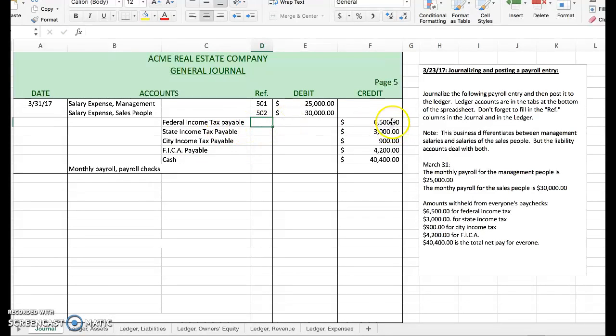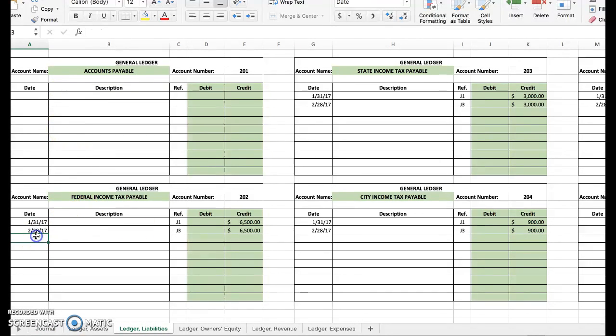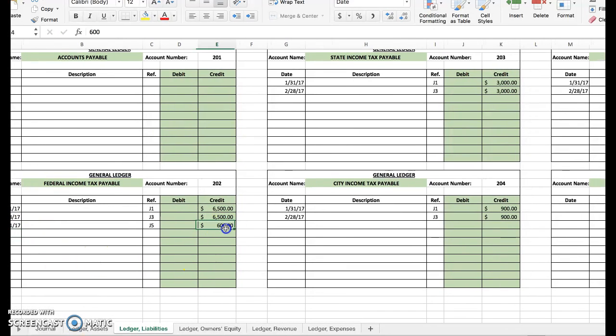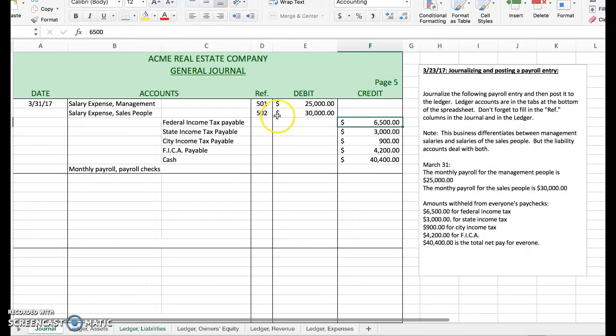Federal income tax payable, 6,500. That's a liability account, and we will quickly go through this. And whoops, I'm sorry, typed that wrong. That's 6,500, and account 202.